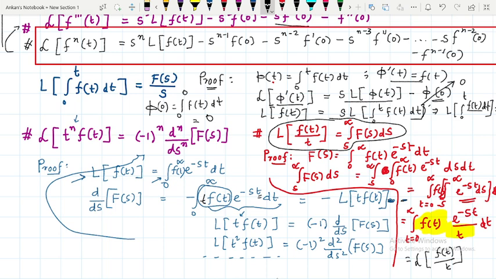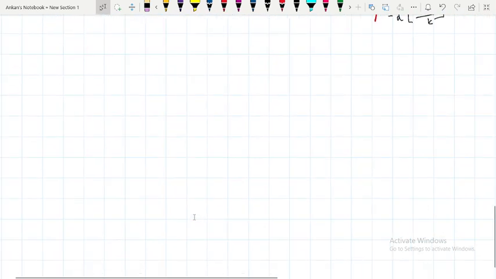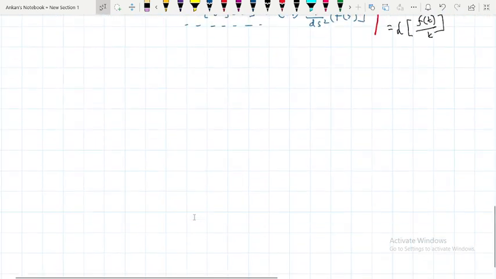So we will quickly shift to the inverse Laplace transform. Whatever we have discussed here in the Laplace transform, if we change the Laplace to the other side, it will give the inverse Laplace transform. So I will draw a table to understand this.